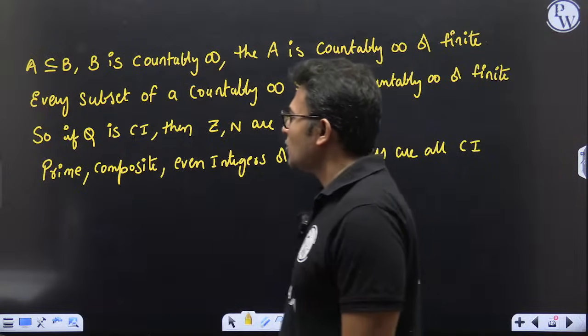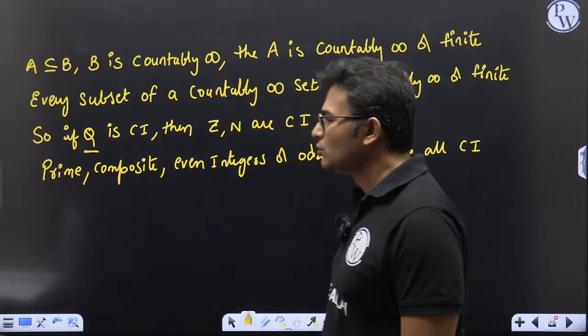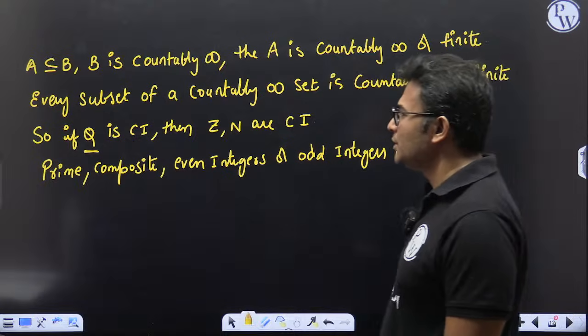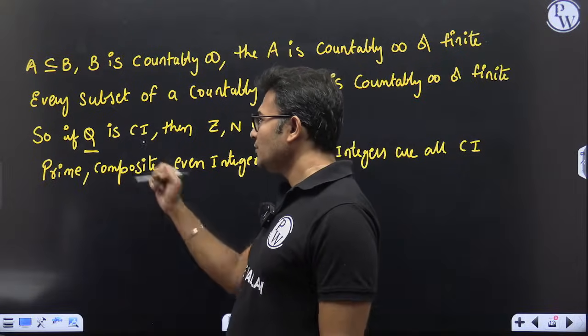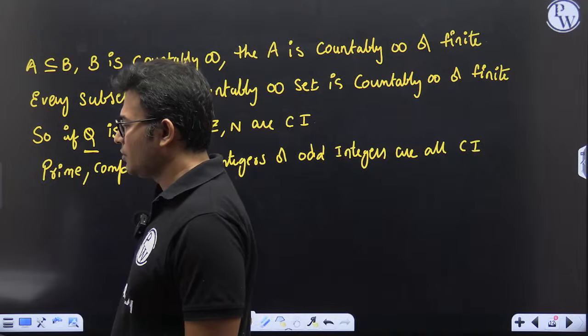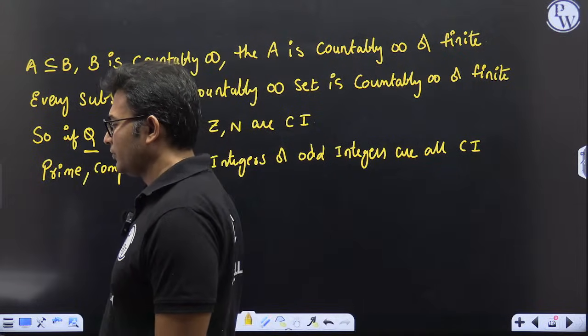Any subset of Q, the rational numbers, is either countably infinite or finite, right?